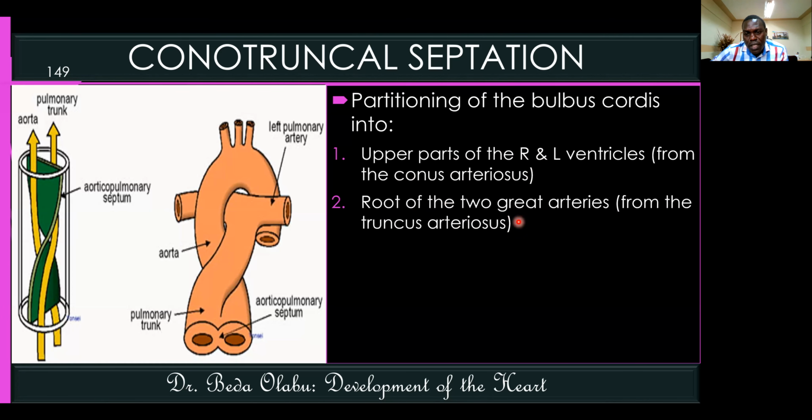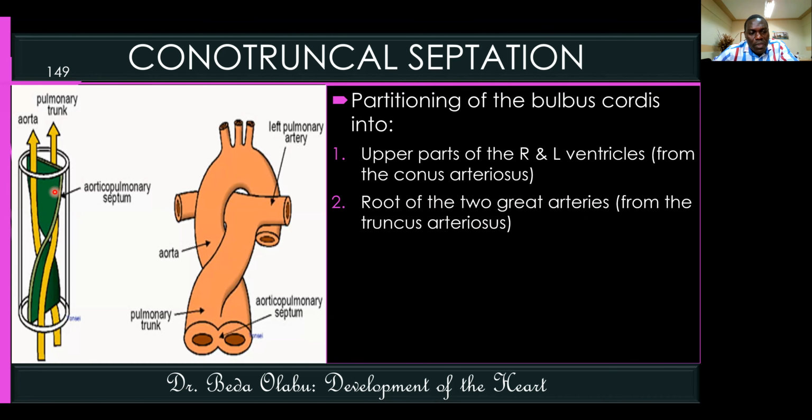Then the truncus arteriosus, which is the distal component of the bulbus cordis, will be split by a septum as well into the roots of the two great arteries, which means on one side the aorta and on another side the pulmonary trunk.